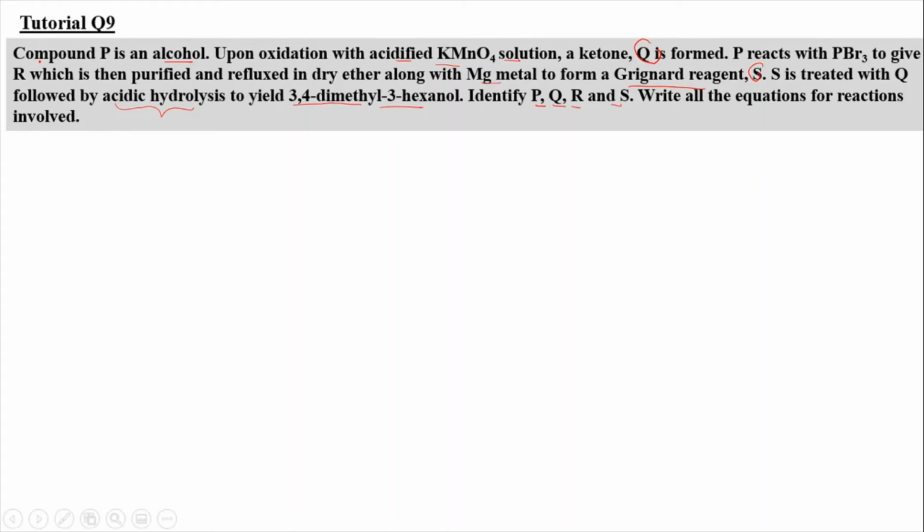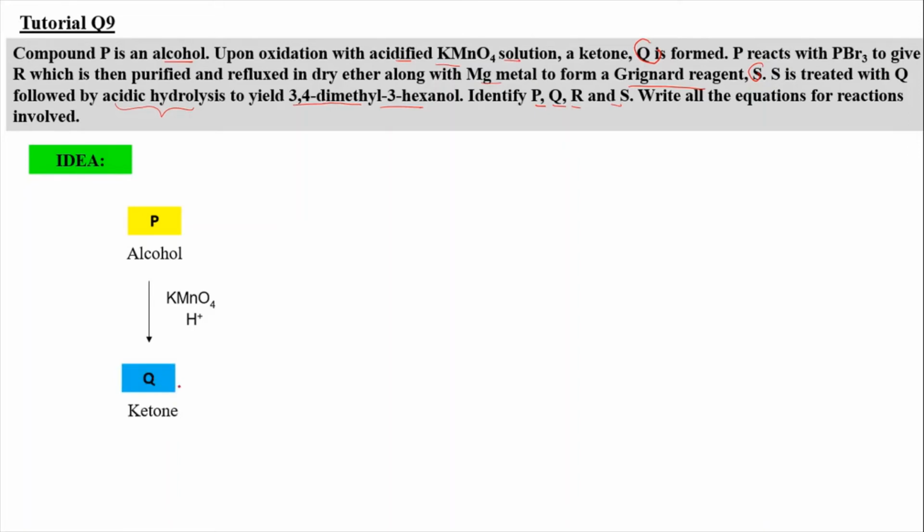So what we're going to do is lay out the ideas one by one. I'm going to make a flow chart so that you can understand it better. We know that compound P is an alcohol. Upon oxidation with acidified KMnO4 solution, a ketone Q is formed. So P undergoes oxidation with KMnO4 in the presence of acid, which is H+, to form ketone Q. This is the first sentence here.